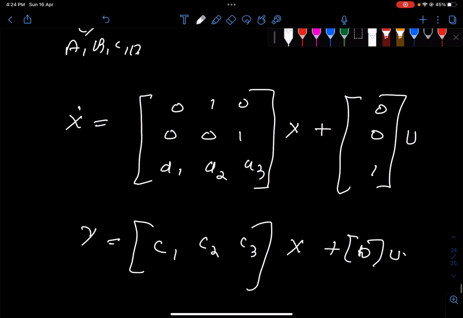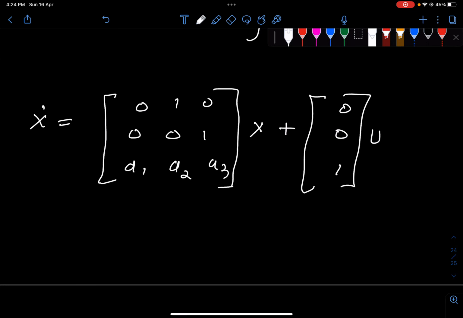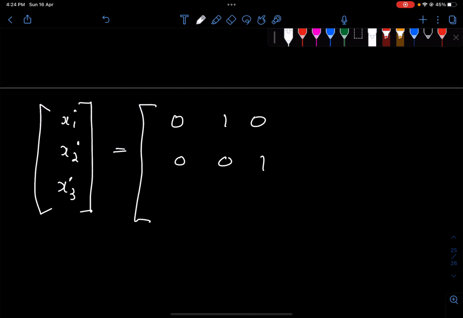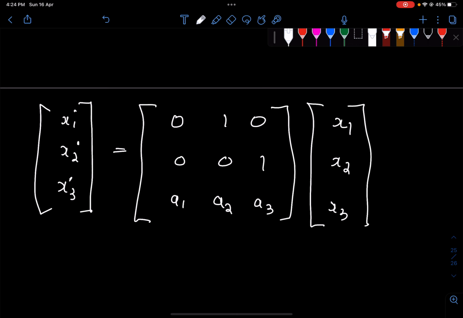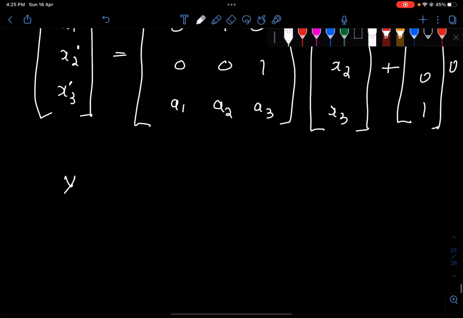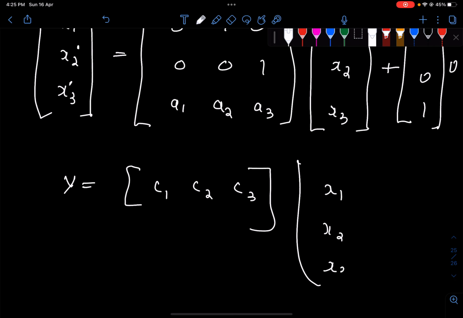From here you can write x dot matrix, that is x1 dot, x2 dot, x3 dot equal to 0, 1, 0, 0, 0, 1, A1, A2, A3 times x1, x2, x3, plus 0, 0, 1 times u, right? And y is C1, C2, C3 times x1, x2, x3.